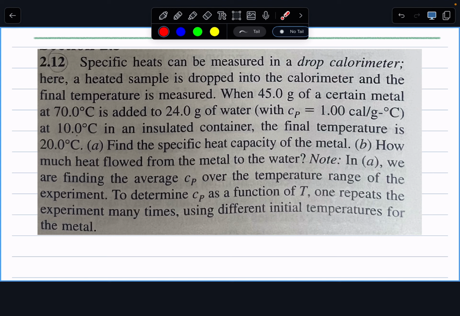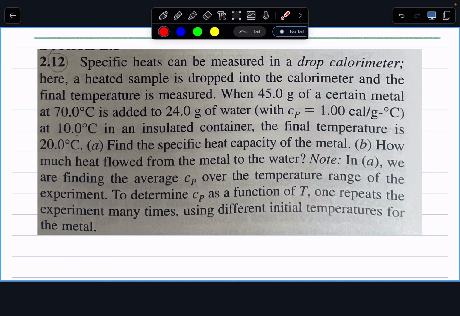In this one, we're given several pieces of information. Remember the previous example: Q equals the mass of your metal times the heat capacity of your metal at a certain temperature, times T metal minus T final.